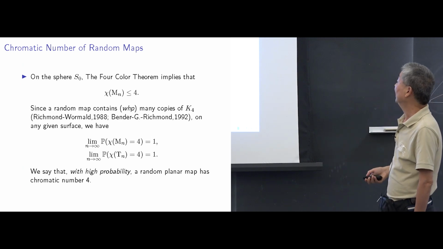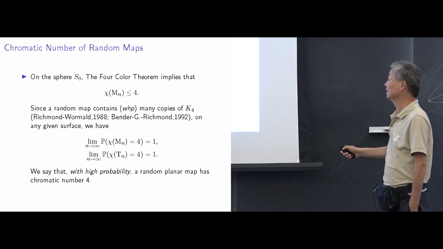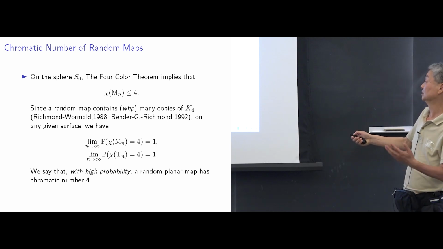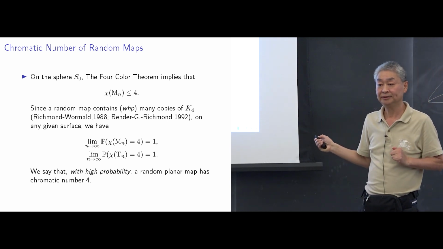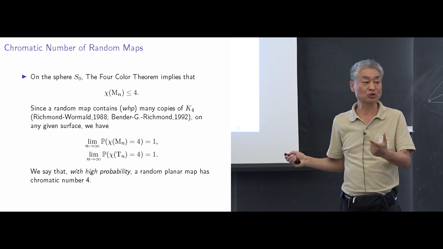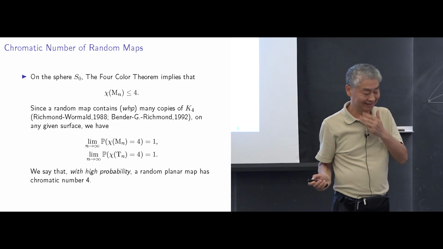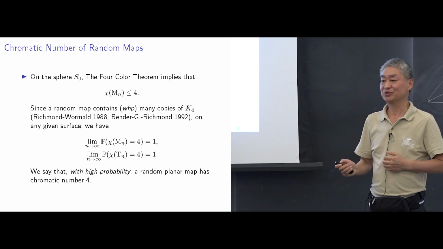And now the four-color theorem tells us that on the sphere or the plane, the chromatic number is at most 4, okay? But what's the probability that a random planar map has chromatic number smaller than 4, say 3? Well, it turns out that approaches 0.